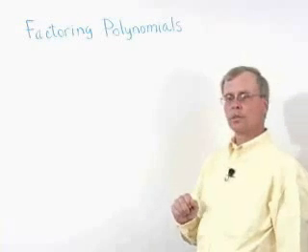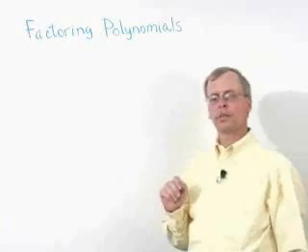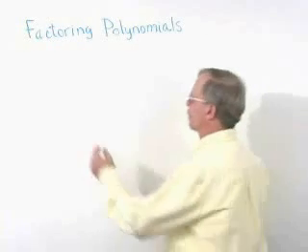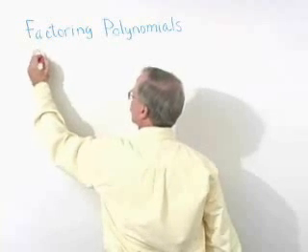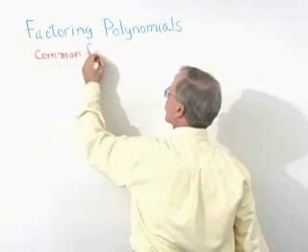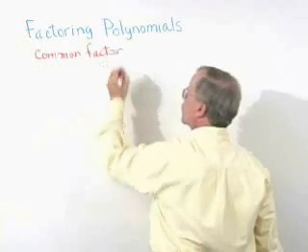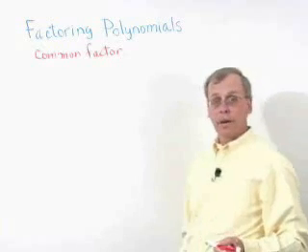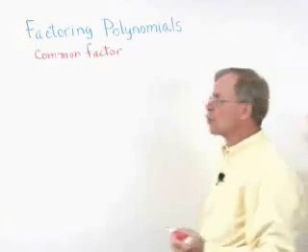In this lesson, we'll talk about factoring polynomials, and we'll start with greatest common factor. Common factoring is really applying the distributive property in the reverse that we usually do it.